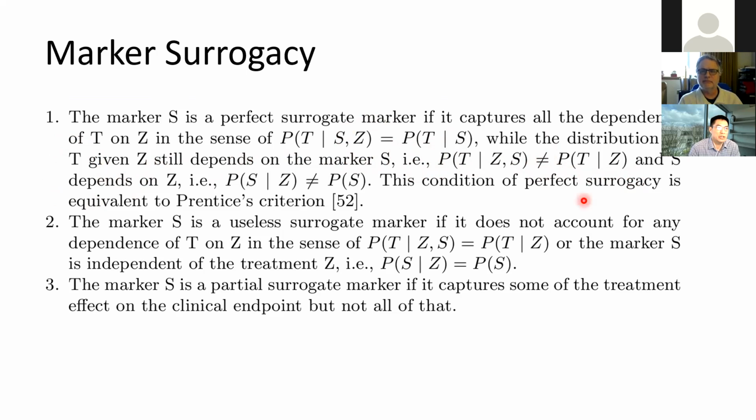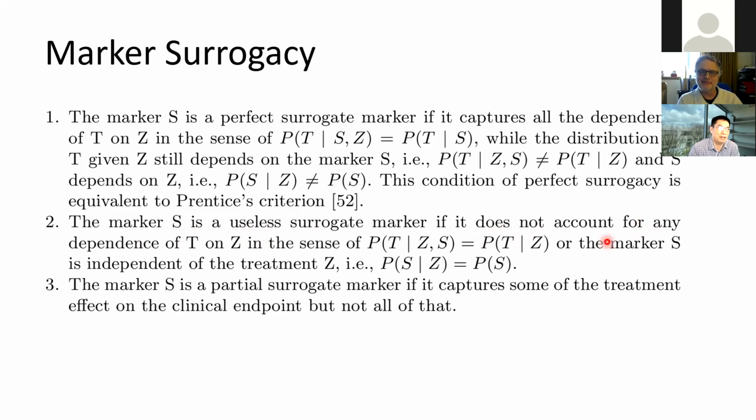This condition of perfect surrogacy is equivalent to the Prentice criteria, and the opposite of this condition, we often call the surrogate marker useless.